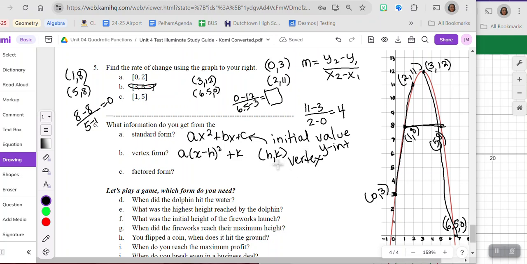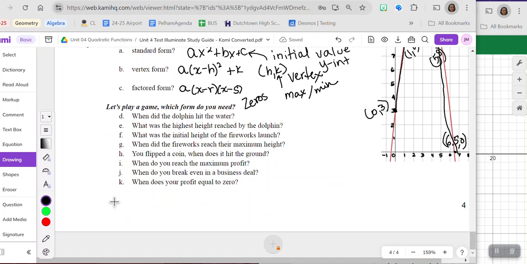And remember, k is the maximum or the minimum. And when you're in factored form, the r and the s are the zeros, the solutions. Right? So each form gives you a specific type of information.